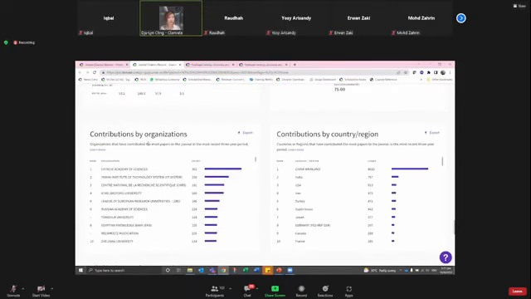The contributions by organizations and country will give you a glimpse of the regionality, the region it is focused on. Is it more US centric, UK centric, international, regional? This could be revealed by the contributions by country or region.